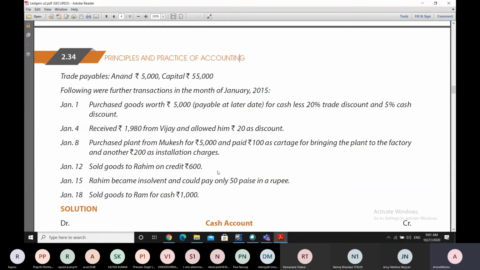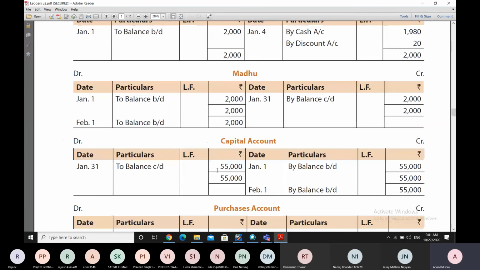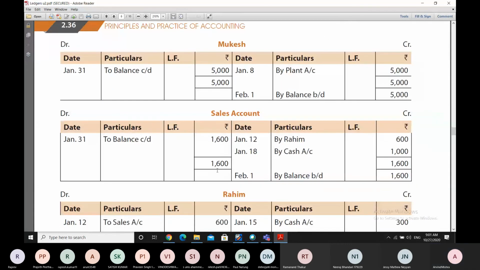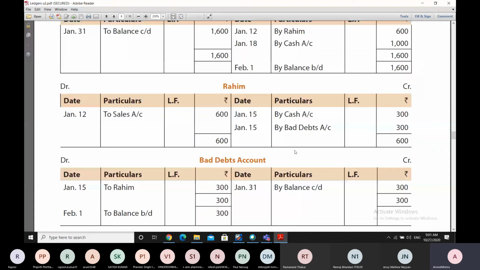So we go into the Rahim account and we find here that 300 rupees he could not pay. So we have allowed that as a bad debt. Initially we made a sale of 600 rupees, so we debited Rahim's account by 600 rupees. Thereafter, he paid us 300 rupees, 50 paise to a rupee.